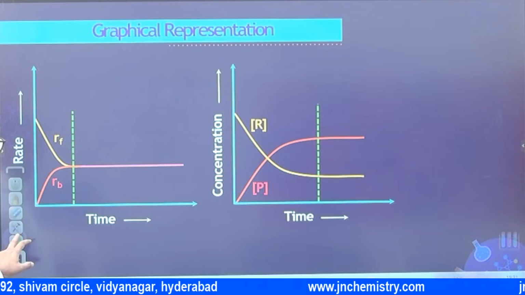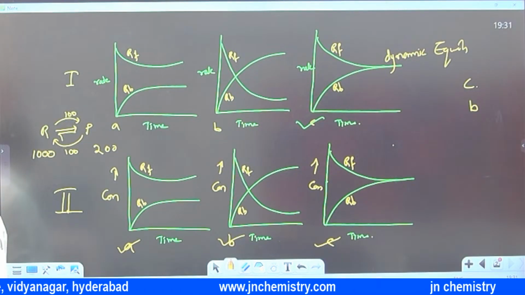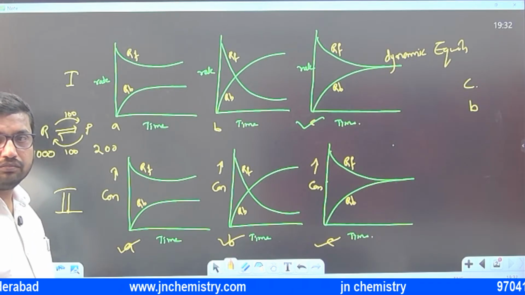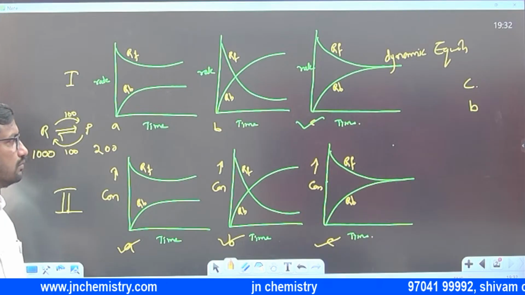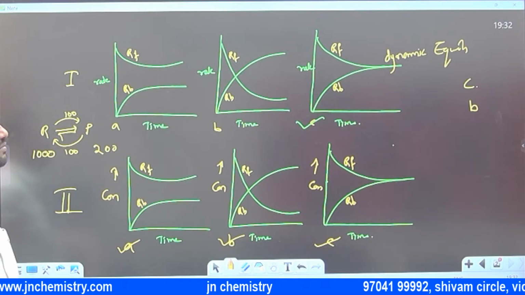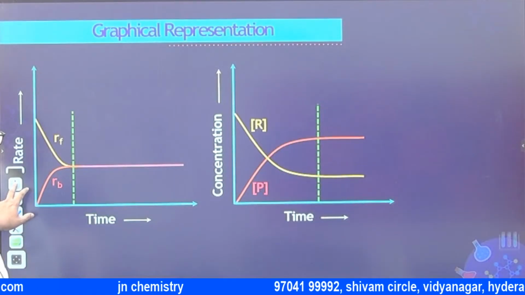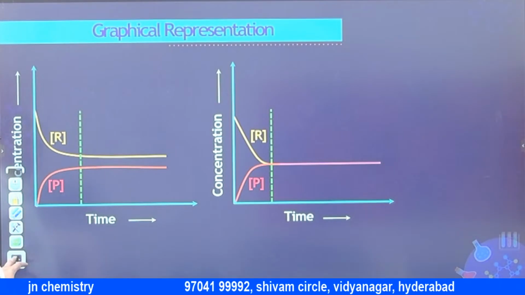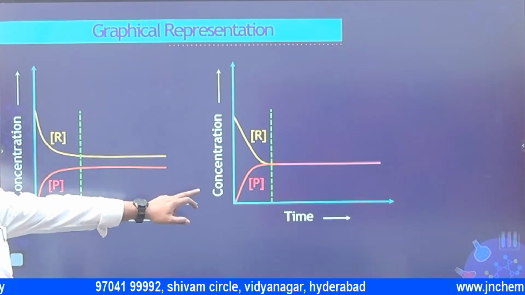Previous slide. Okay. So in the concentration case, these 3 are correct.